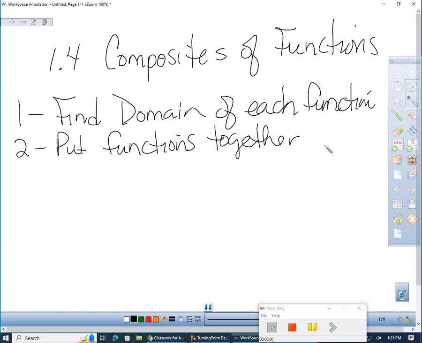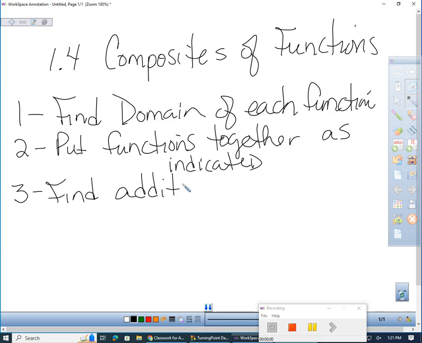So maybe we're adding them, maybe we're dividing them. And step 3, find additional domain of the composite.